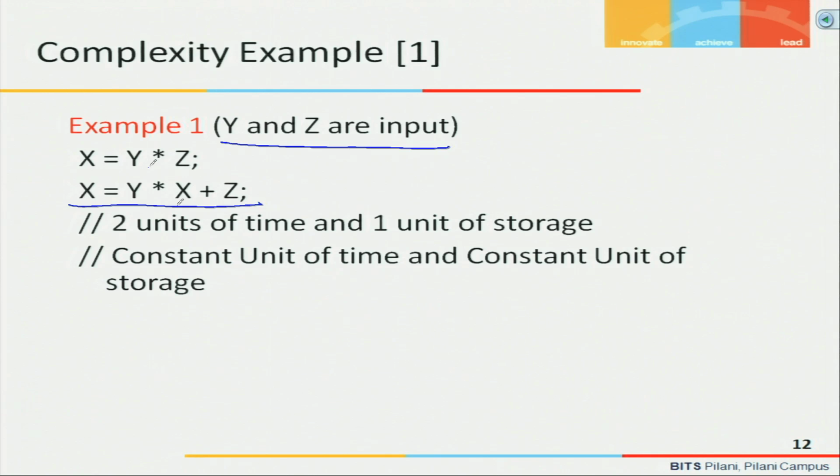To compute x, we are going to execute this statement, which will take us 1 unit of time, followed by another statement which is going to take another unit of time. Correct? So, this particular straight line program, which is just 2 expression evaluations in sequence, will require 2 units of time, and it requires only one additional variable, which is x.